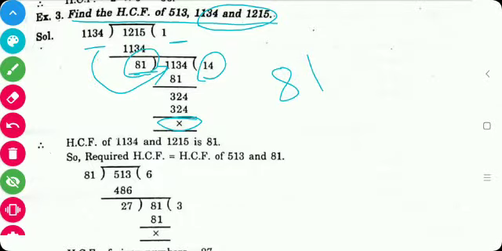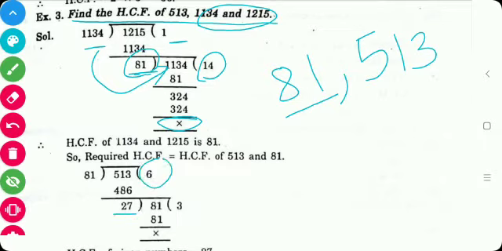Now we will calculate the HCF of 81 and 513 using the division method. We divide the larger number by the smaller number, so 513 divided by 81. Here the quotient is 6 and the remainder is 27.